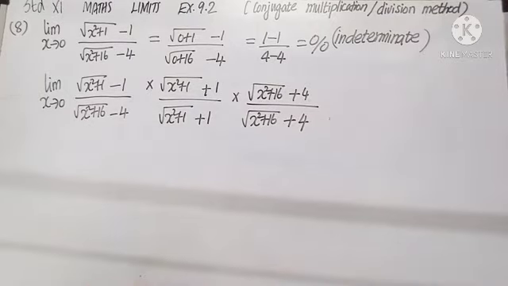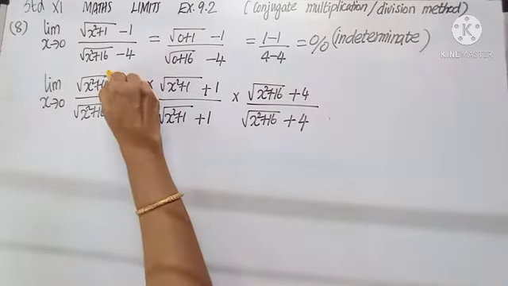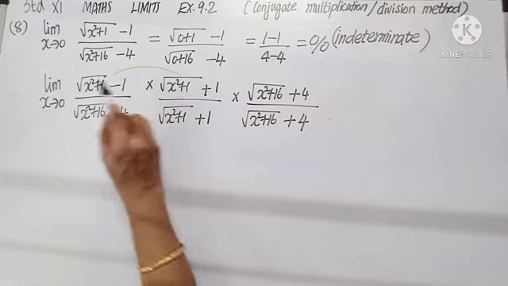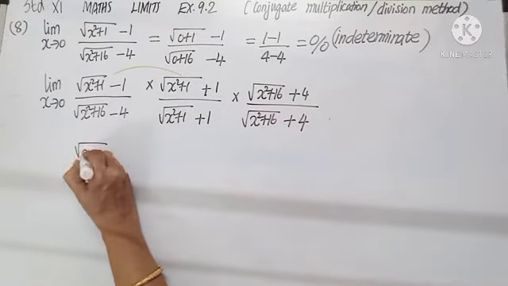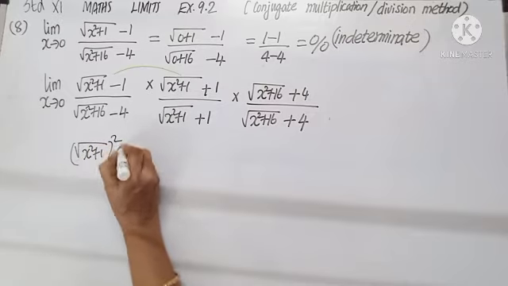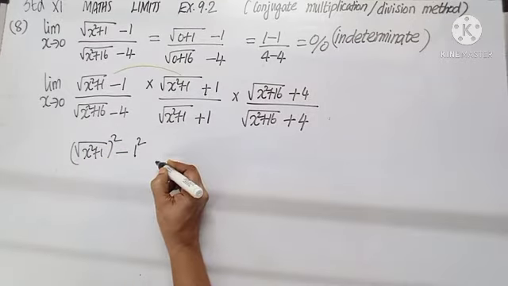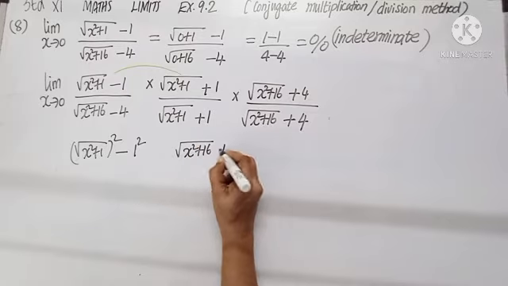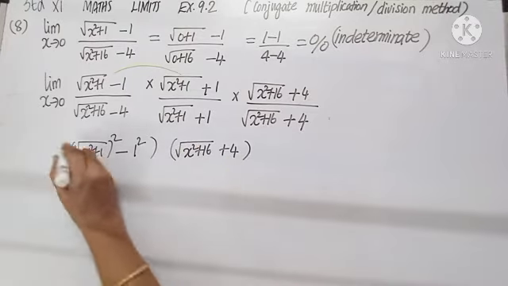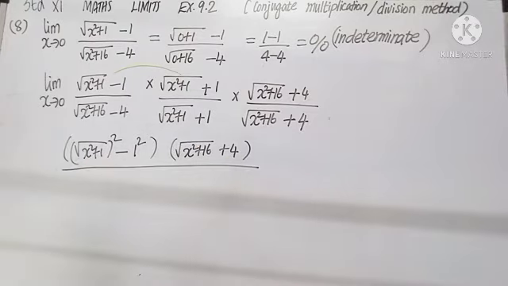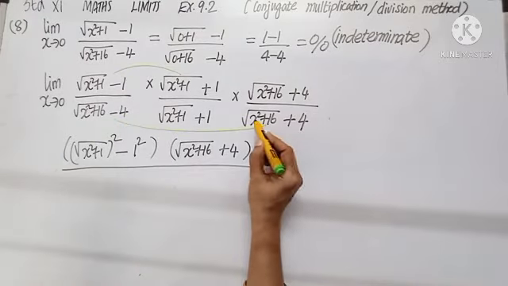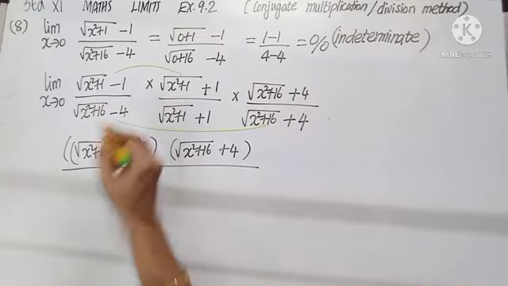As I combine these two terms, it is a plus b into a minus b. That is a square minus b square. The left out term is root of x square plus 16 plus 4. Similarly, the denominator, I can combine these two terms, a plus b, a minus b.